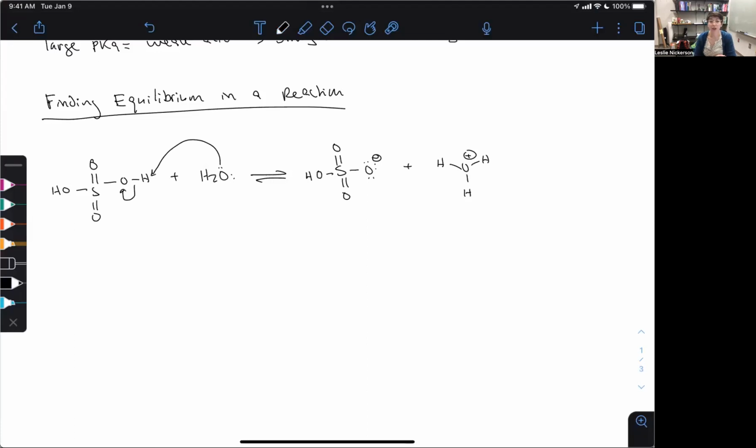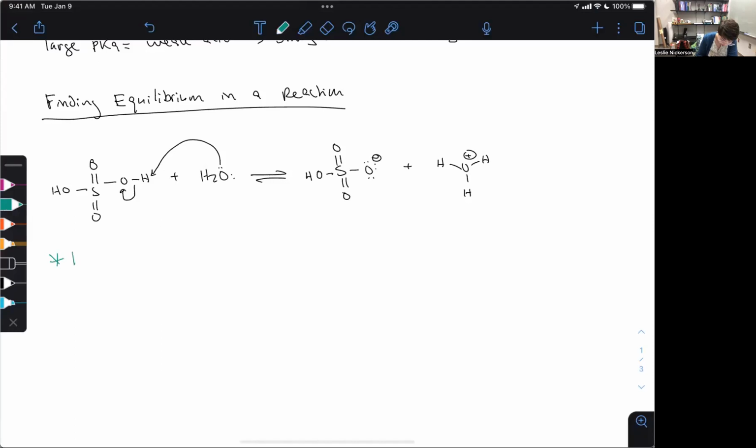Okay, like that. So if we wanted to find where the equilibrium lies, and in that regard, we're really talking about, are the reactants of this reaction favored or are the products of this reaction favored? That's going to be where our equilibrium is going to lie. So the pKa can help us with that because we always want to be looking for the weaker acid, okay?